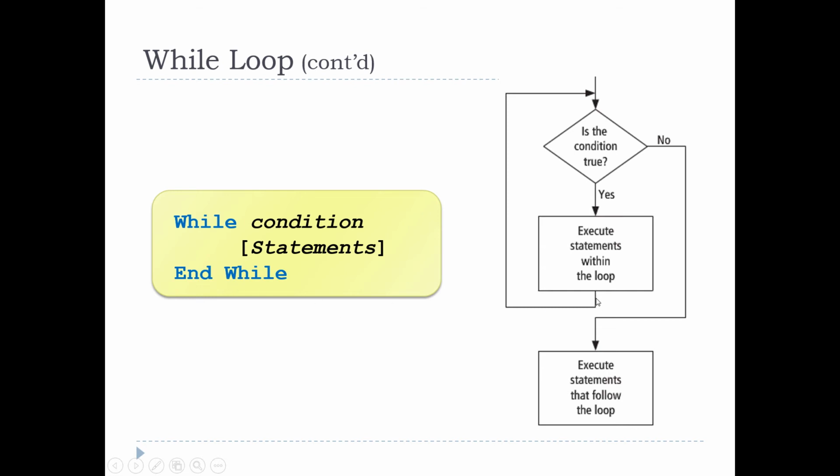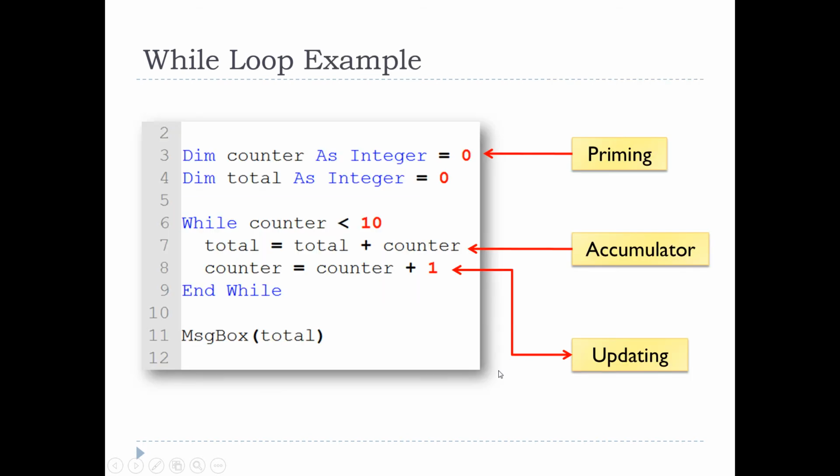It reaches the end of that loop, the end while, and it goes back to the top again and then tests the condition again. Is it still true? If it is, you can see that this loop goes into a cycle, right? Continuously until the condition is no longer true, and then it will exit out, and then you end that loop. So you have to find a way to exit out of the loop.